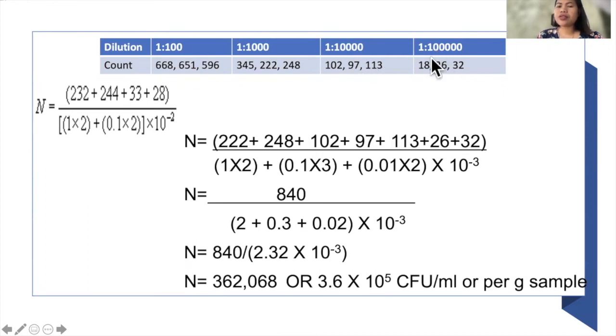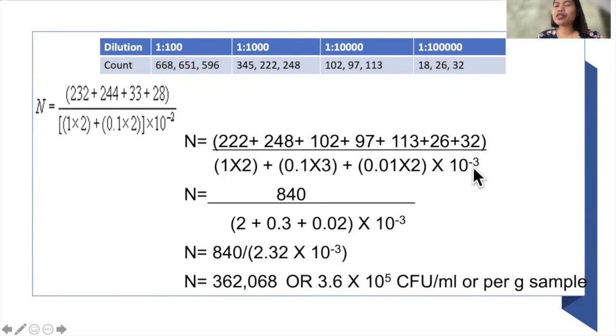And then in 10 raised to the negative 5, we have 2 plates. Okay, so the formula would be the total number of all the colonies from countable plates, and then 1 times 2, kasi we have 2 here. This is the first countable dilution. And then 0.1 times 3 because we have 3. And then 0.01 times 2 kasi meron tayong dalawang plates.